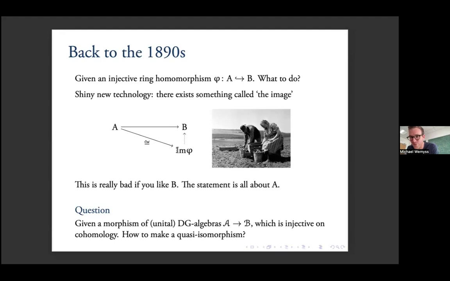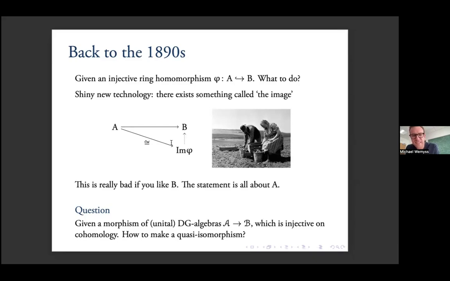A is isomorphic to the image. What is the image? Well, the image is the stuff that comes from A. It's all about A. The image is A, and all you're saying is that the things that come from A are A, right? And so if you like B, this is a problem, and that's going to be a problem in the next slide. And all we're doing is asking a very modern take on that question.